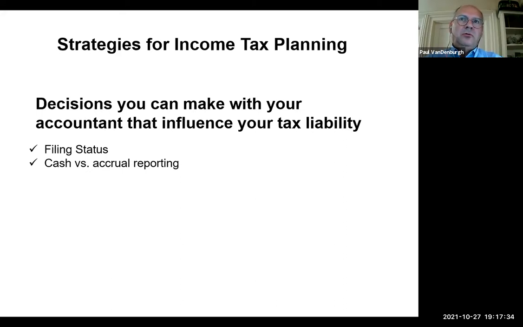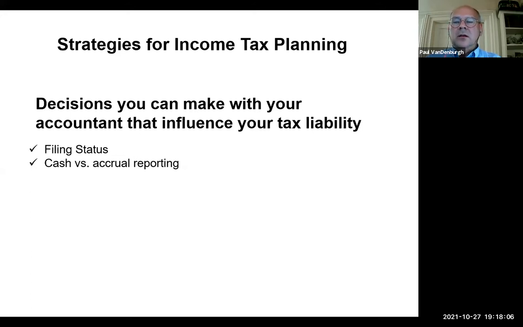Cash versus accrual reporting. I think you've discussed cash and accrual in previous discussions the previous weeks, but in generalities, 99% of the clients that we have are reporting on a cash basis. It's way more flexible from an income tax planning standpoint to continue to report on the cash basis than it is accrual.